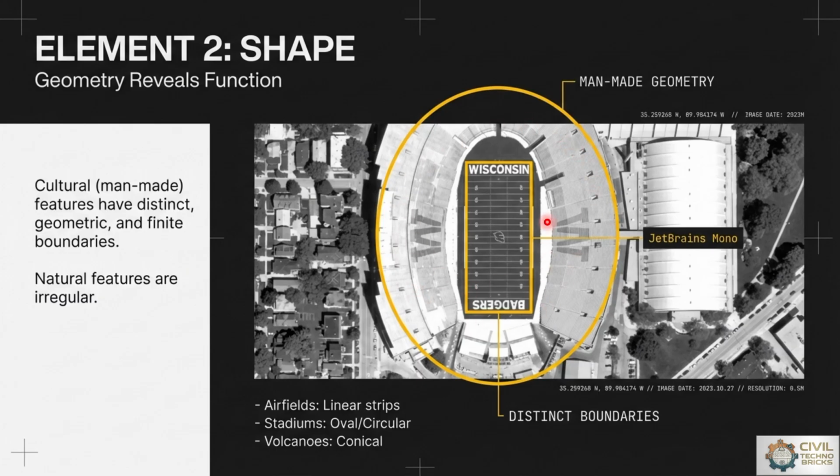Shape refers to the external outline or geometric configuration of any object visible in the image. Human-constructed structures generally possess regular geometric shapes like rectangles, circles, linear patterns, etc. Natural features usually exhibit irregular shapes and complex boundaries. So natural features are irregular, whereas constructed or man-made features have distinct shapes.